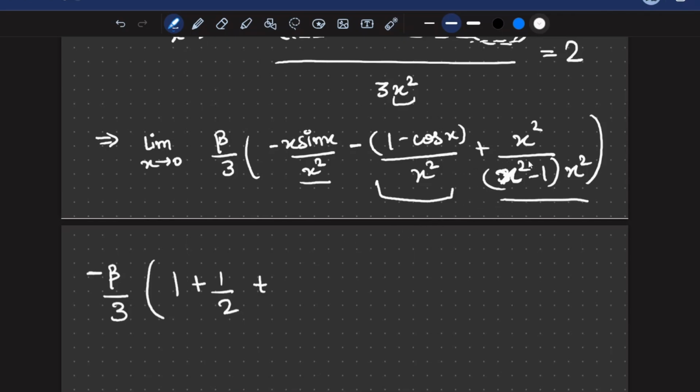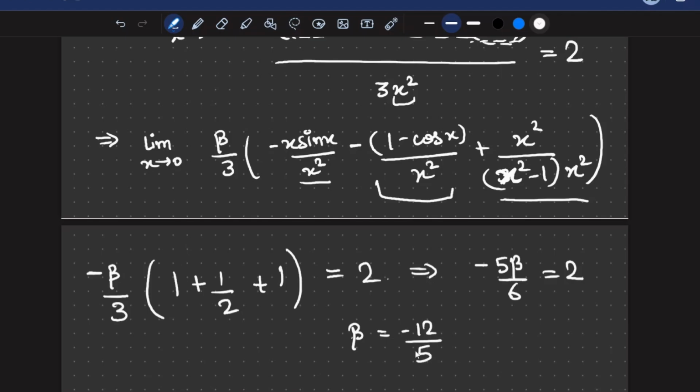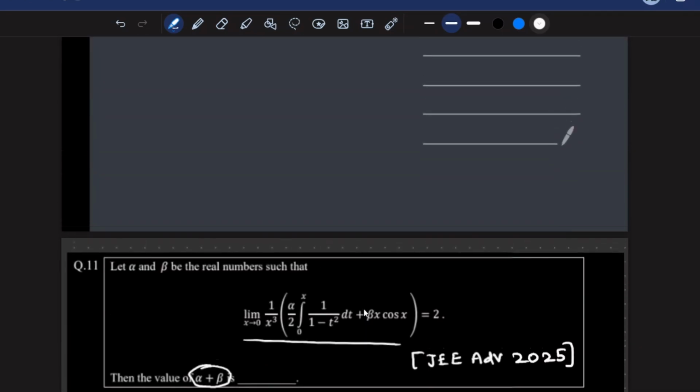After I take out the minus sign. Observe carefully. And this whole thing is equal to 2, which implies minus 5 beta by 6 is equal to 2, and beta is equal to minus 12 by 5. Great.